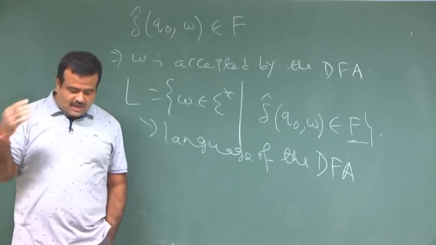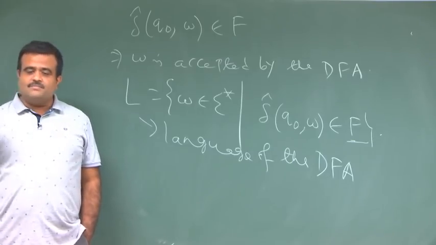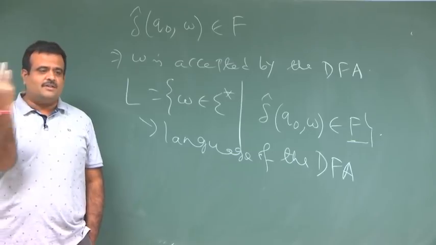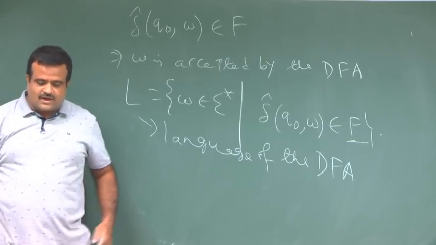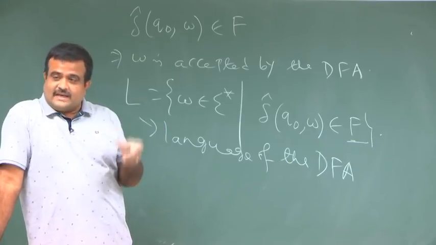We start with the starting state, keep reading the input symbols and keep changing the state depending on the input, and finally, if we reach a final state, then that string is accepted.